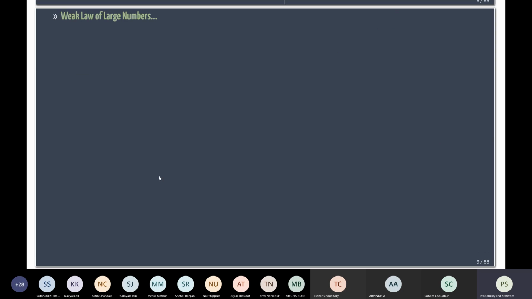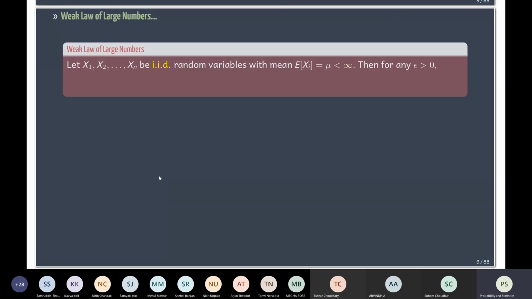Now we are ready to state the weak law of large numbers. Let's see what that means. Let x1 to xn be IID random variables, all of these having the same mean mu. Then for any epsilon greater than 0, any small number epsilon greater than 0, we have the following. What does this mean?